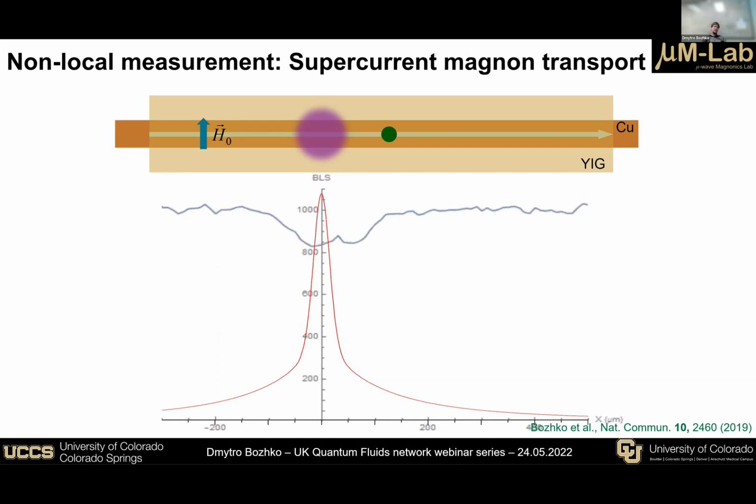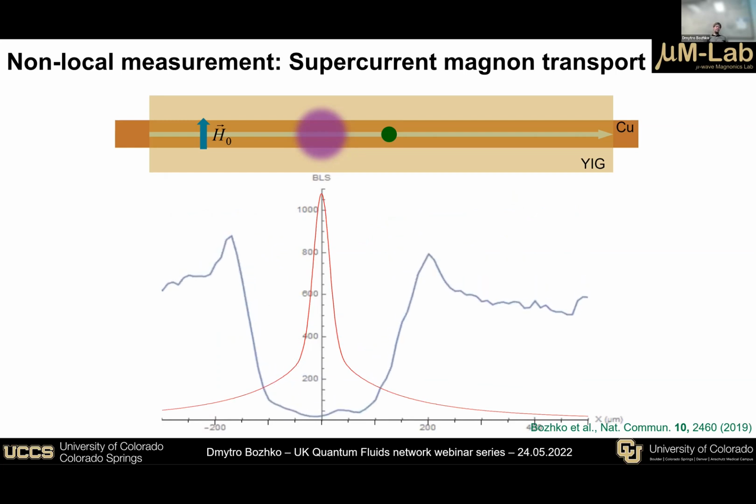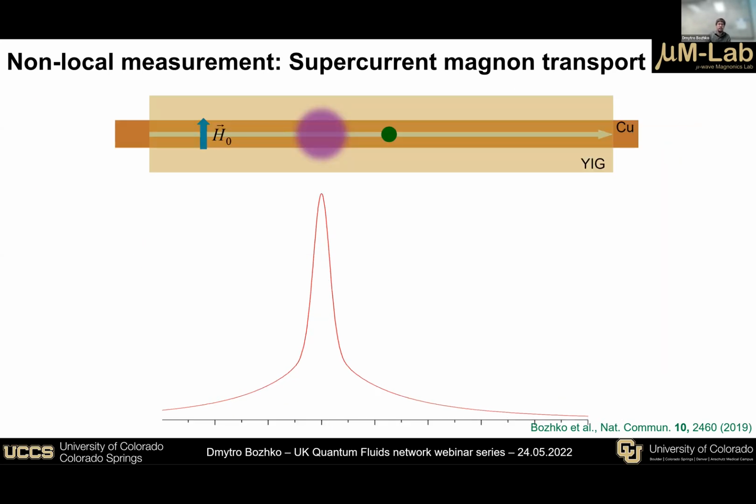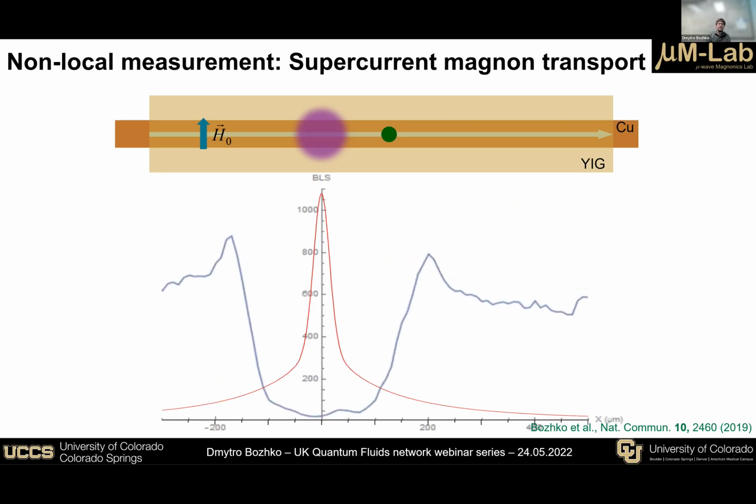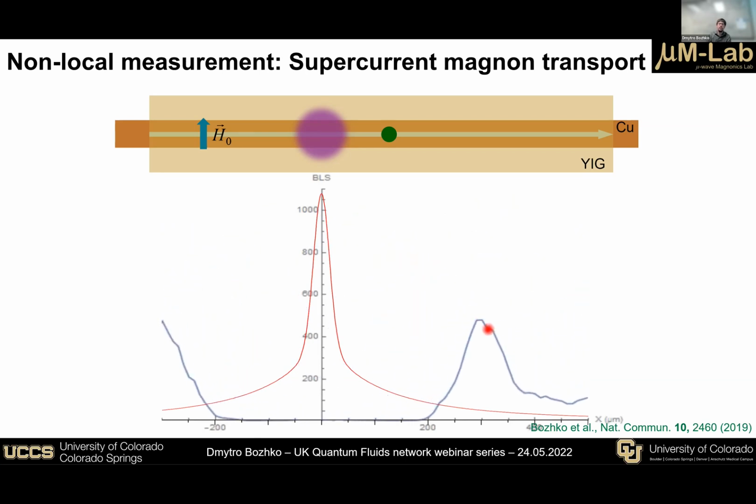But then, after some time, we form a well in the population, and at the edges of this well, we form peaks. Magnons are pushed away via supercurrents. And then these peaks propagate towards the edges of our observation area.